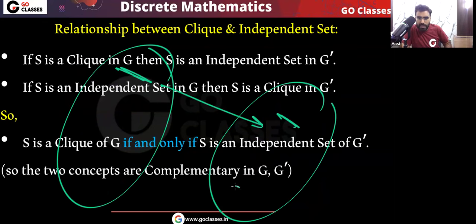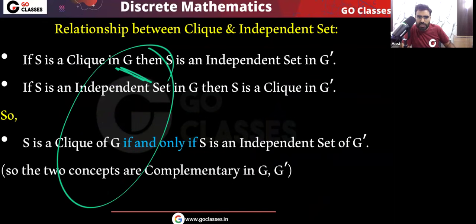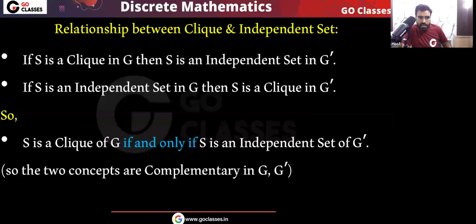Similarly, any clique in G complement will have a corresponding unique independent set in G. So again, there is a bijection here. So I can say how many independent sets we have in G, that is same as the number of cliques in G complement. Or I can say that how many cliques we have in G, that is same as the number of independent sets in G complement.